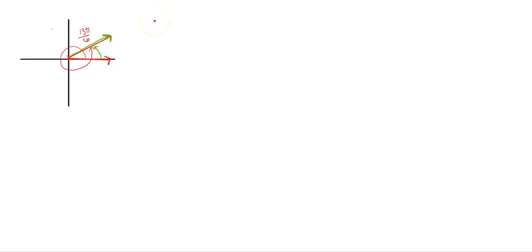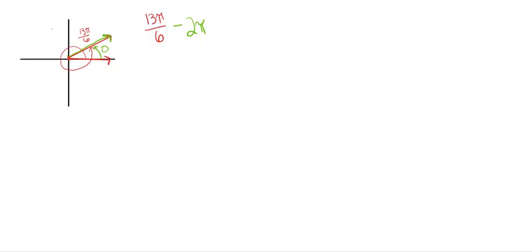So in order to do that, I would have to take my 13 pi over 6 radian, and I would have to subtract 2 pi radian from it to get this little piece right here.